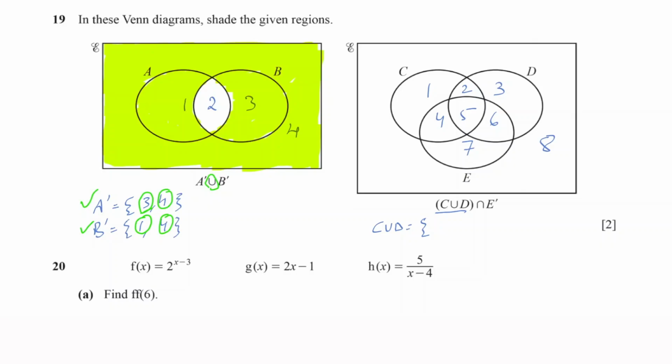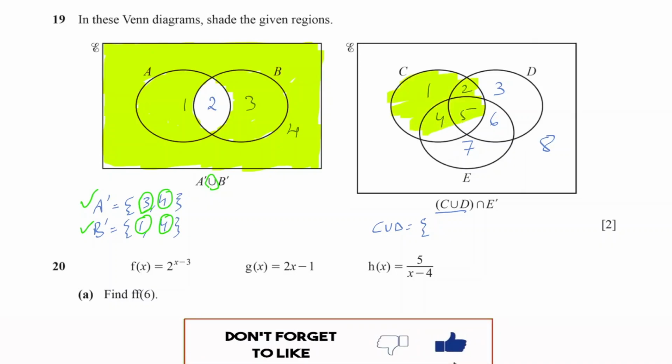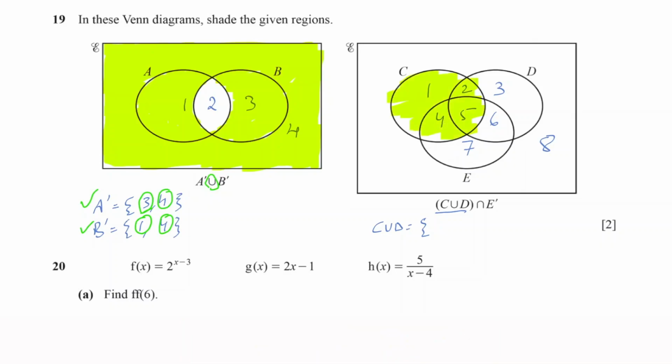All the part in C, and all the part in D is C union D. So I'll write the values of that in this curly bracket. So here 1, 2, 3, 4, 5 and 6, all the values in C union D.